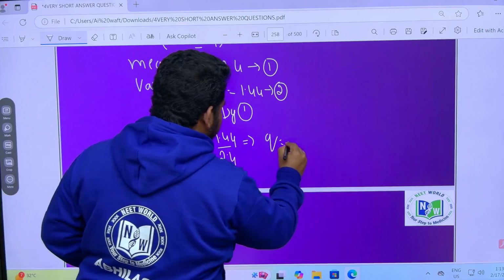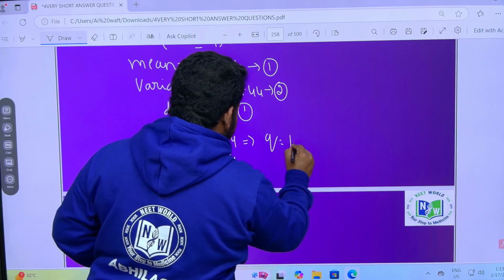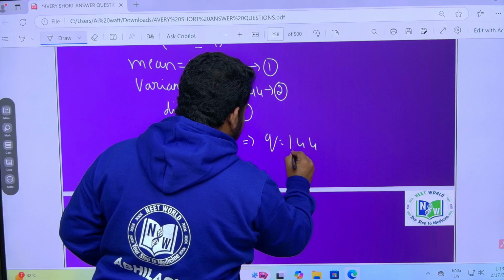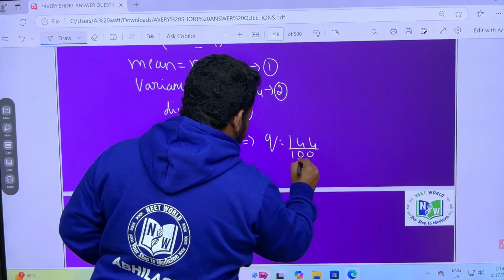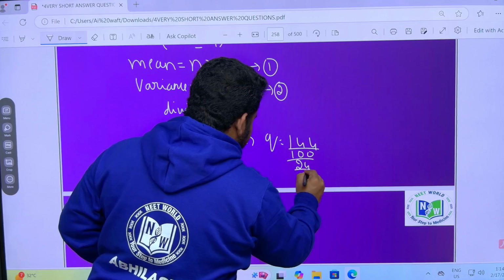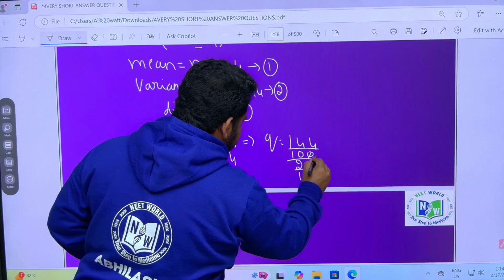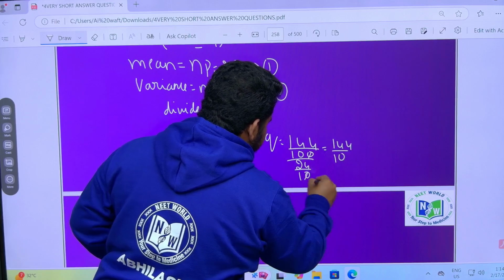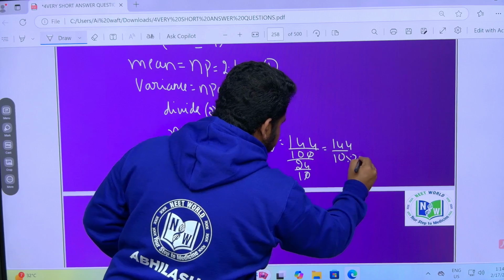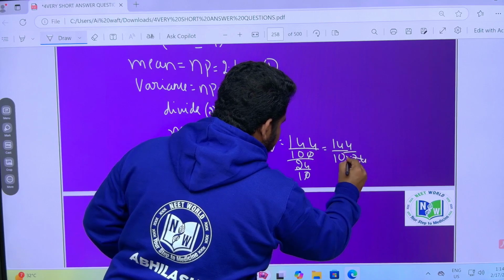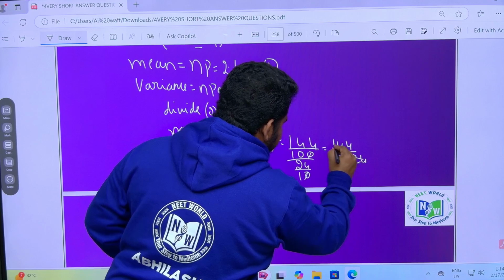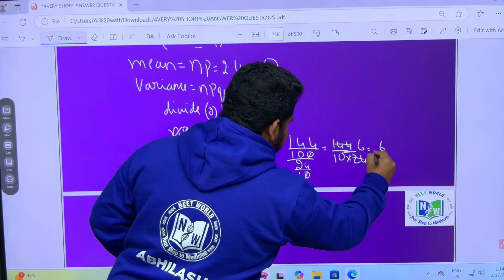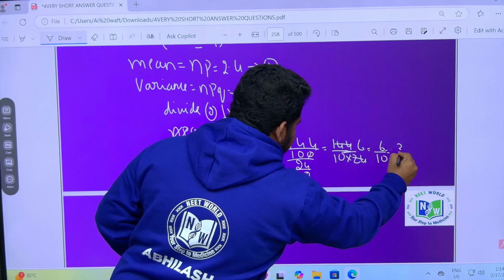This is 1.44. I can write this as 144 by 100 divided by 24 by 10. So the 0 cancels, and this will be 144 divided by 10 over 24. 24 sixes are 144, so this will be 6 by 10, which is equal to 3 by 5.